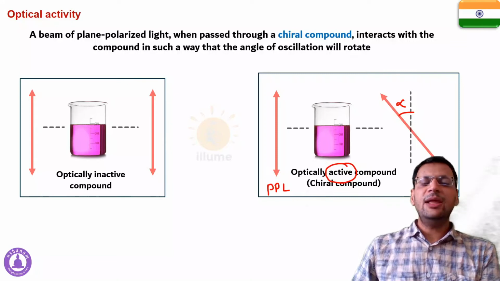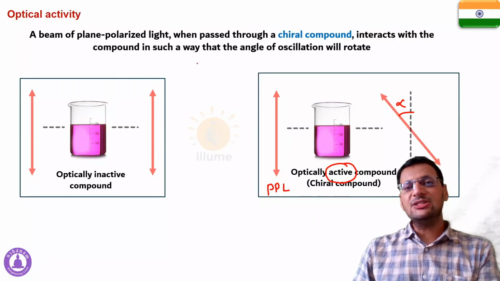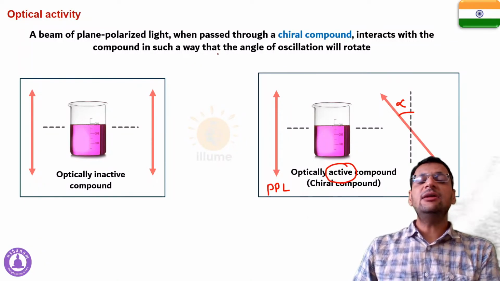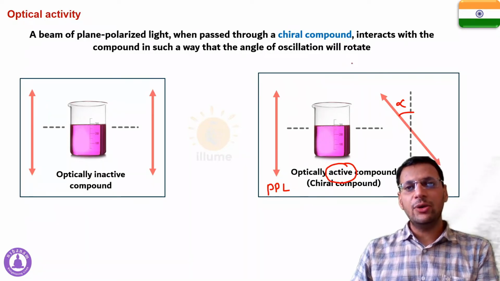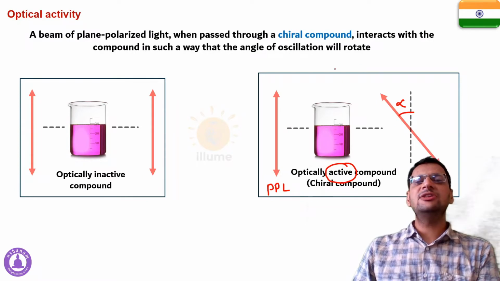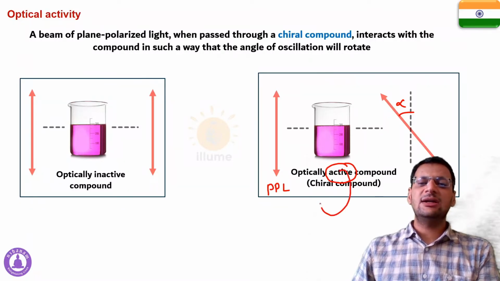Now how do you define that? When a beam of plane polarized light passes through a chiral compound, it interacts with the compound in such a way that the angle of oscillation will rotate. The plane in which the oscillations were will rotate in the case of an optically active compound. And an optically active compound always contains a chiral carbon. It is always a chiral compound.